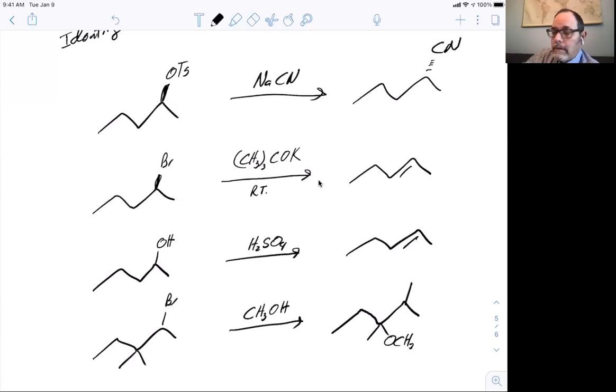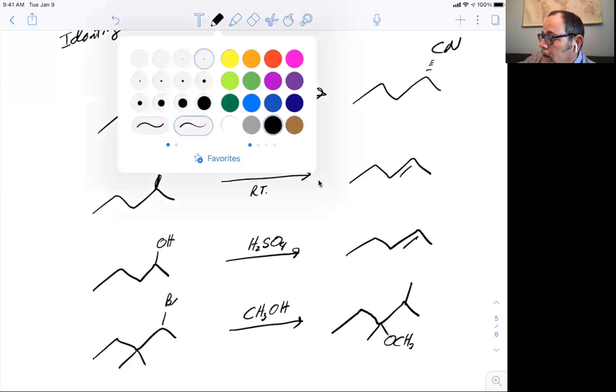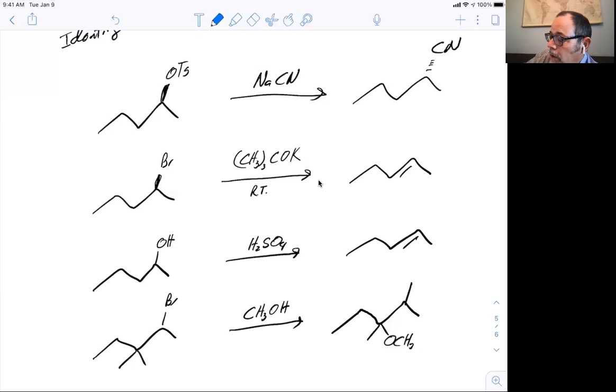Okay, let's take a look. On the first one, right, we've got the tosylate. The Ts stands for tosylate. That's this group. Oops, this group.